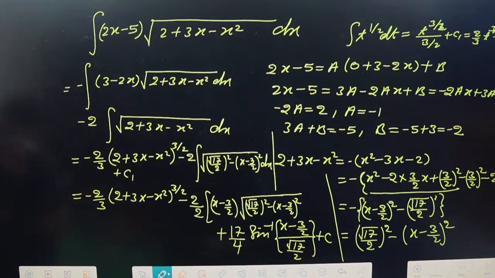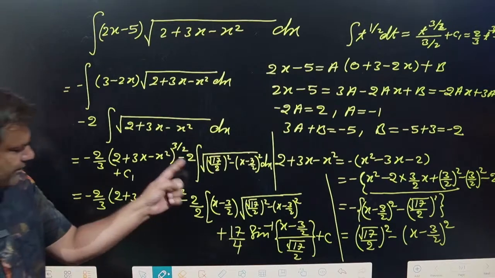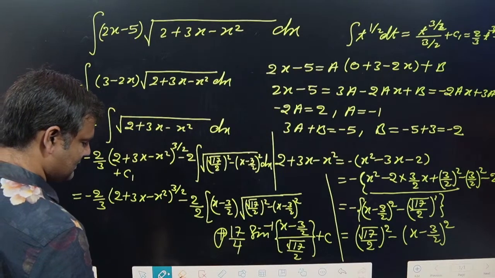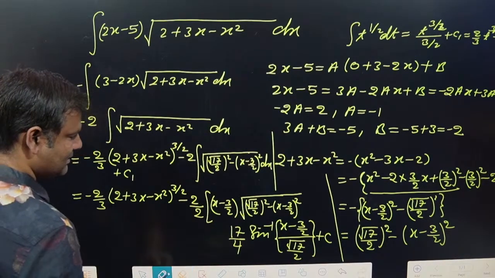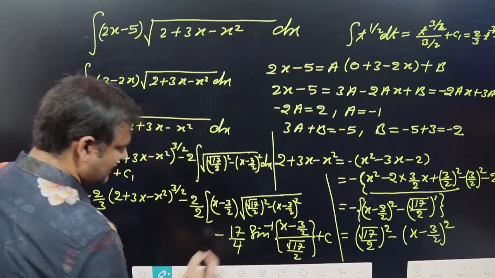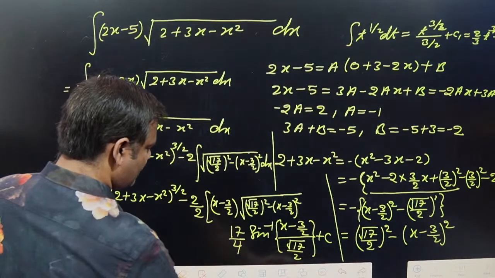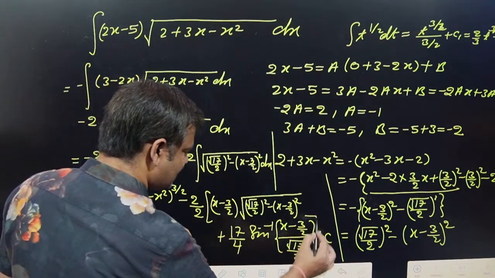If anyone faces any doubt at any step, then comment it. I will discuss again. So minus minus plus, sorry, minus, so here minus, oh no, here plus, and this one is written here.